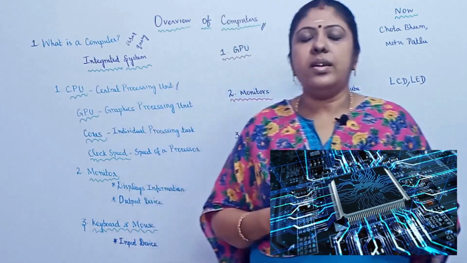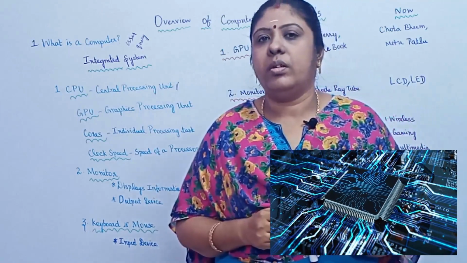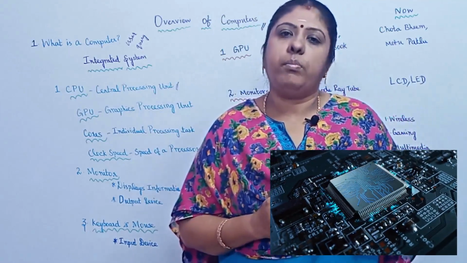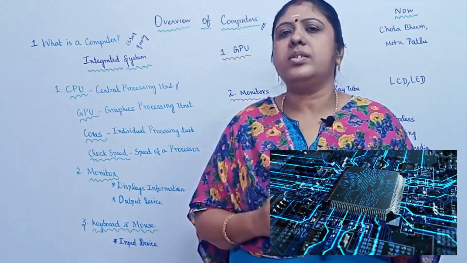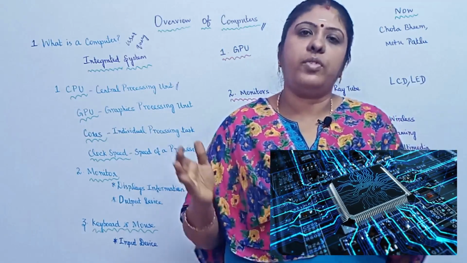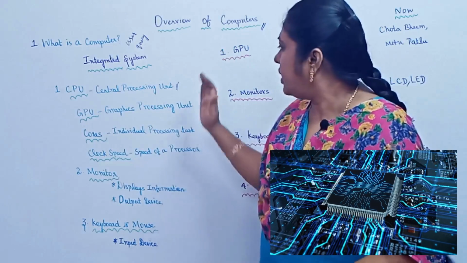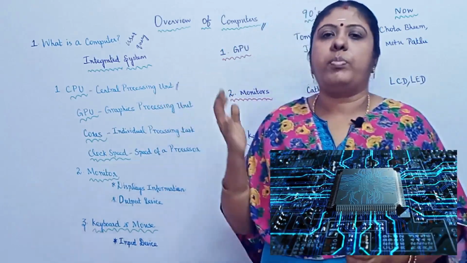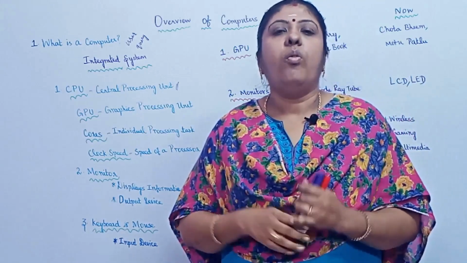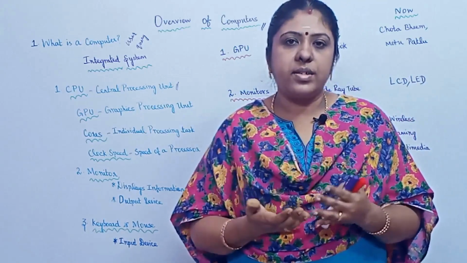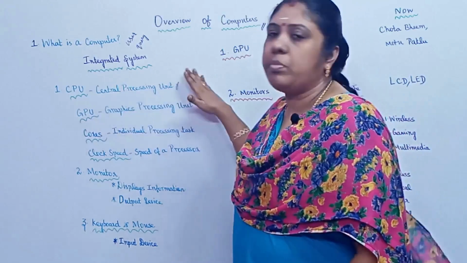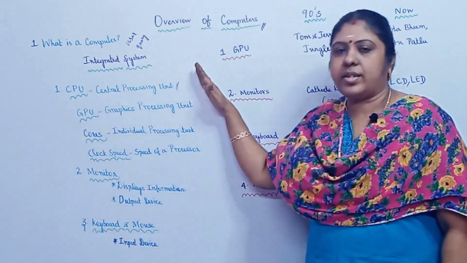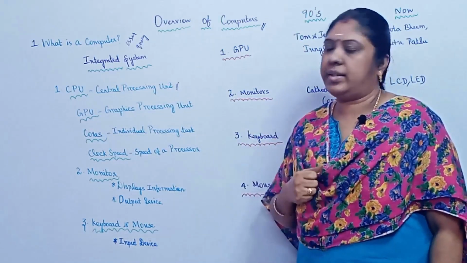It is called the brain of the computer because it has the overall control of the computer. That is, it is capable of performing all the arithmetic operations, logical operations, whatever operations or instructions are given to the computer, the central processing unit processes and produces the result.